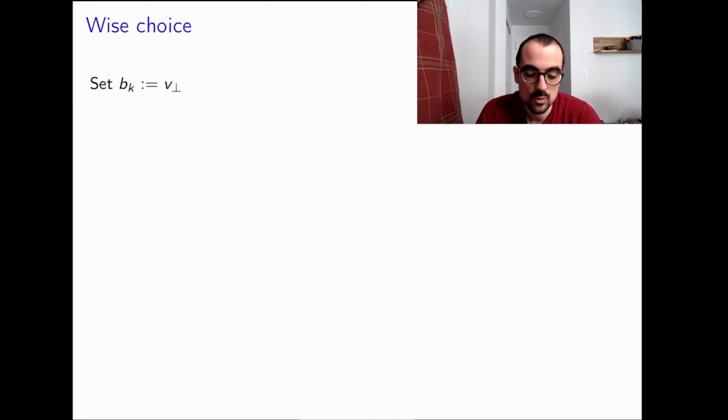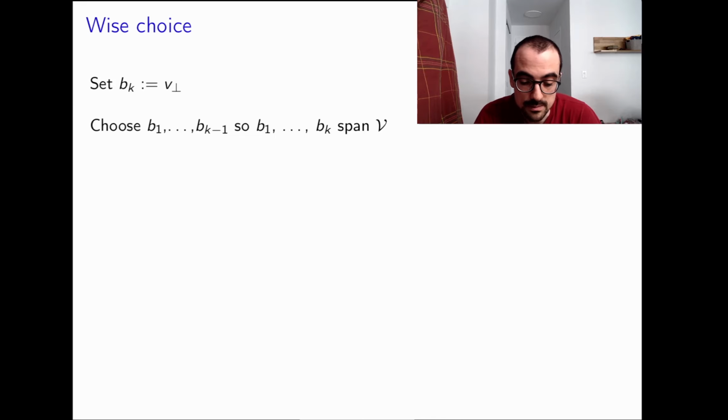So now we're going to build the basis for this subspace by first choosing this orthogonal vector and then completing the basis so that it actually spans V. You can do this with Gram-Schmidt. You can just find k other vectors that complete it so that together you get the same span as V1 to Vk.